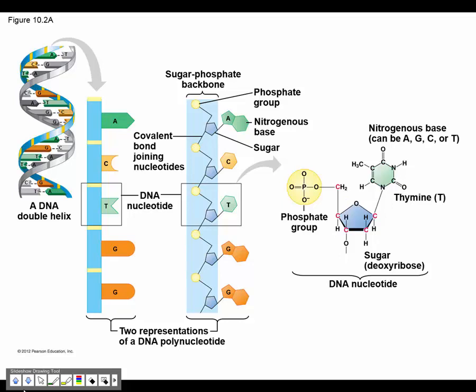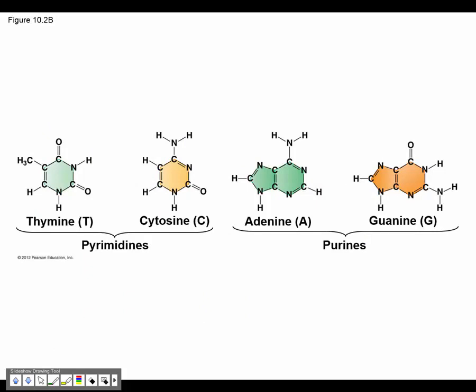You have that sugar-phosphate backbone, and on the right of your screen you can see the phosphate group, the sugar group, and the nitrogenous base, and it's those bases that connect with other bases. The sugar-phosphate backbone brings it into a long strand. You have pyrimidines, which are thymine and cytosine, and purines, which are adenine and guanine.